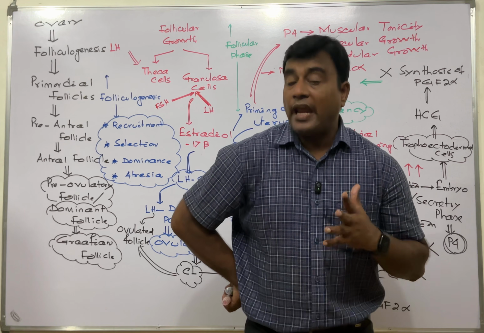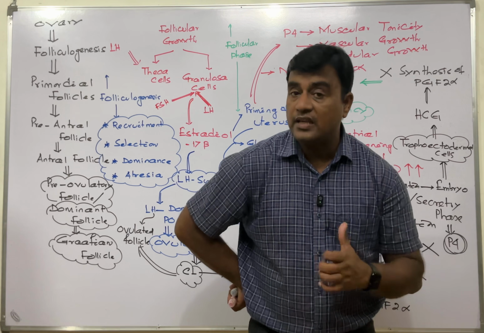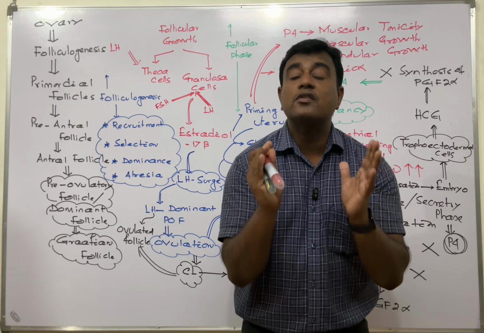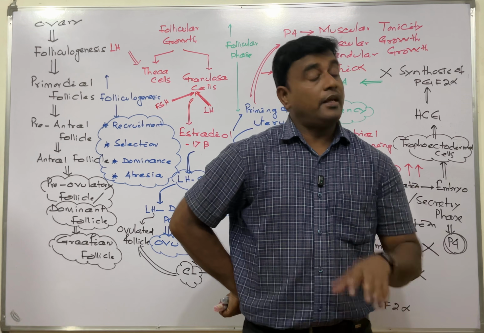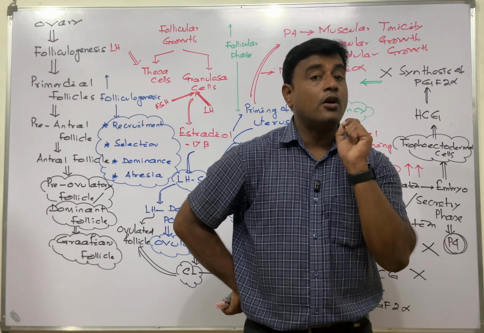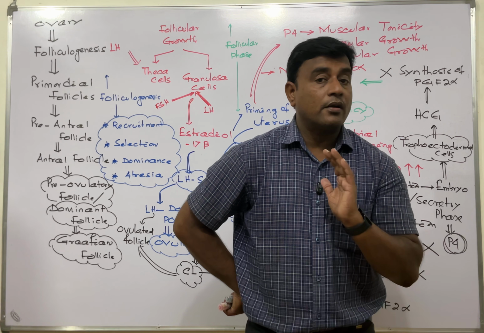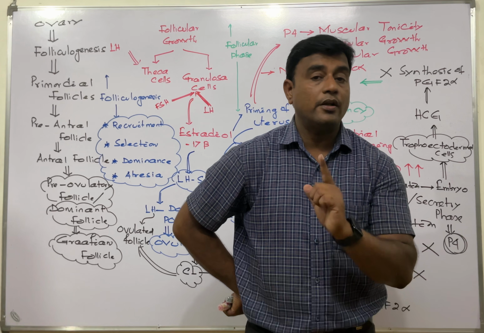The ultimate aim of this total process is to have an embryo, a successful pregnancy, or a life. And in that process, if something goes wrong, we expect a failed pregnancy.